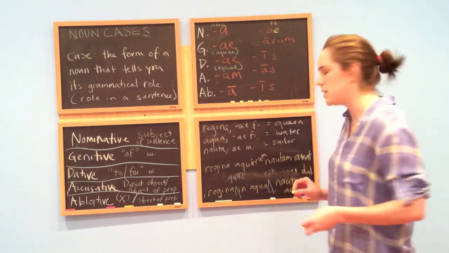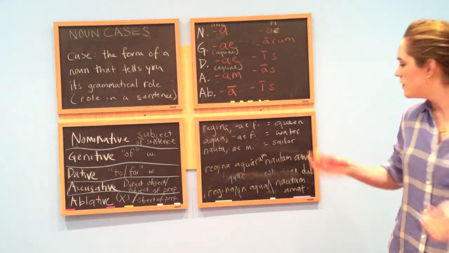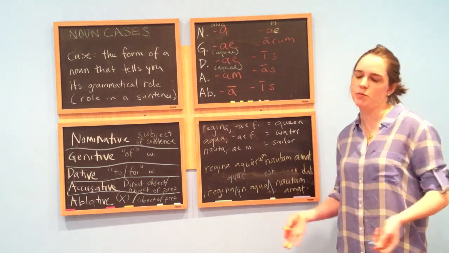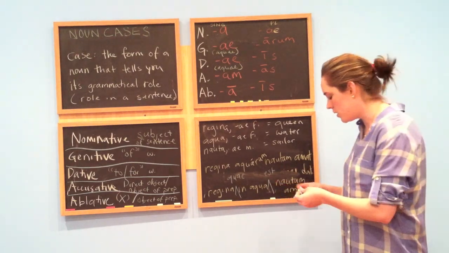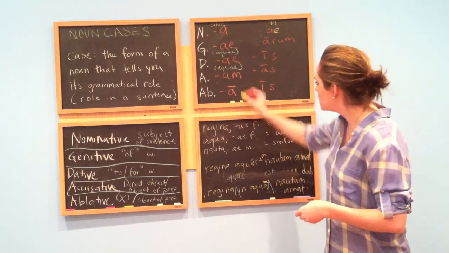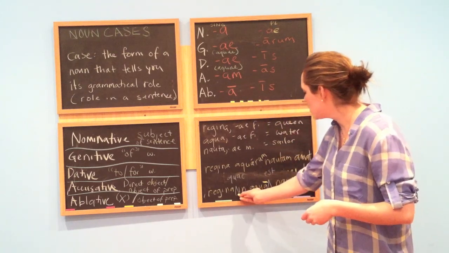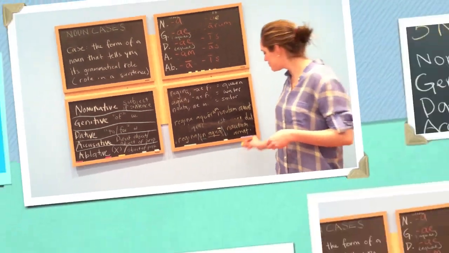So that's another way of saying the queen of the water loves the sailor. The mer queen loves the sailor. The queen in the water, the queen who is in the water, loves the sailor. And now aqua needs this little macron so that we can be absolutely sure that it is ablative with the preposition in. Hooray.